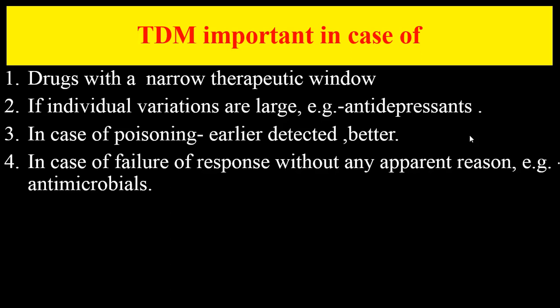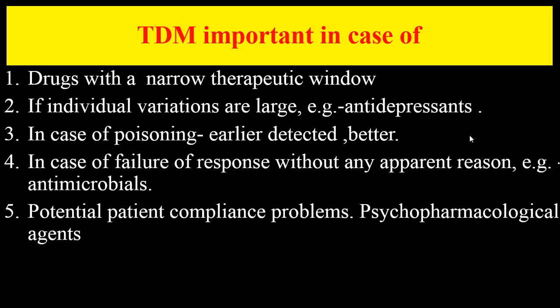Naturally, he can degrade that drug, then its effect will not be shown in him, and this is known as failure of drug response. And this is one example. So if there is failure of drug response but no apparent reason, then also we test the amount of drug in the plasma.